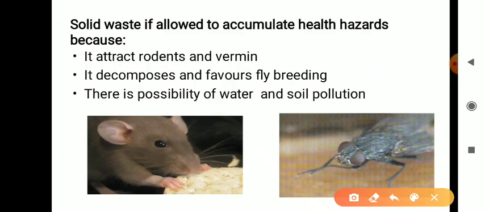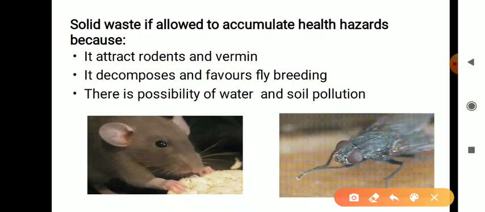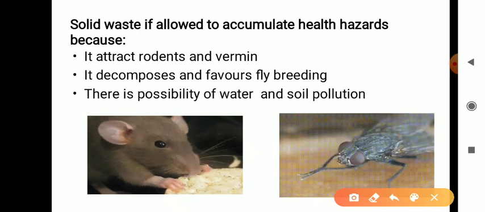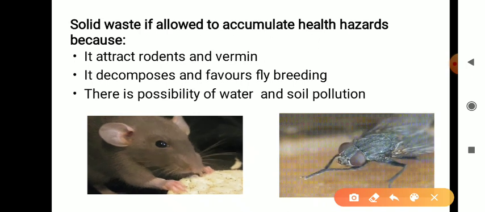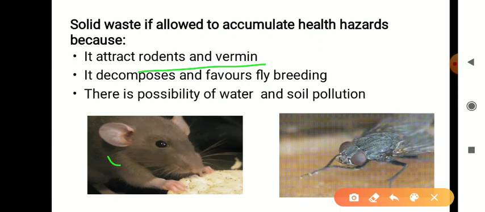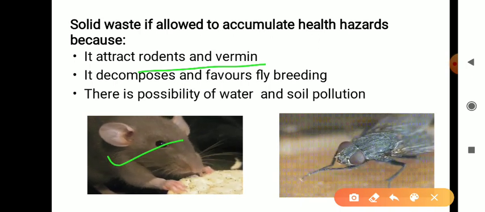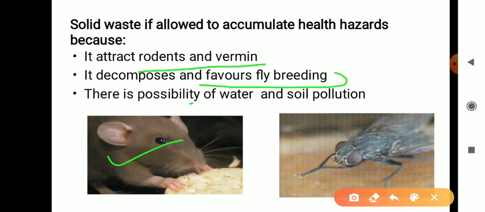In this slide we will talk about how solid waste has health hazardous factors, means how it contributes to health hazards. It attracts rodents and vermin, such as rats and all, and it gives a favorable environment for flies breeding.